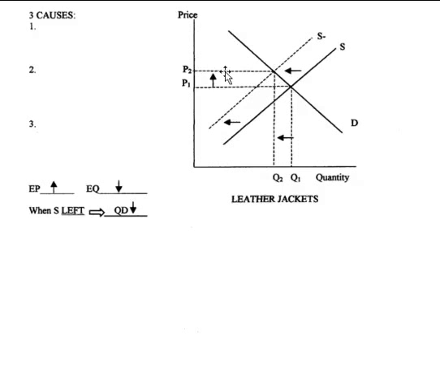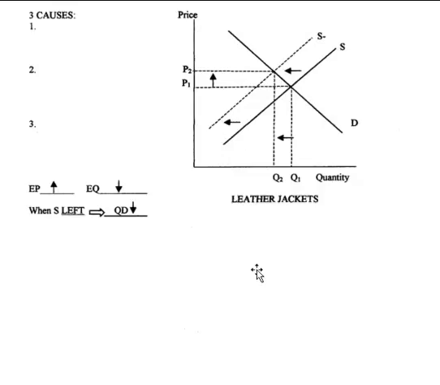You can see that equilibrium price rises, equilibrium quantity falls. So when supply decreases, it shifts to the left. It causes equilibrium price to rise, but equilibrium quantity will fall. And since price is rising, we move up the demand curve to a new lower quantity demanded.